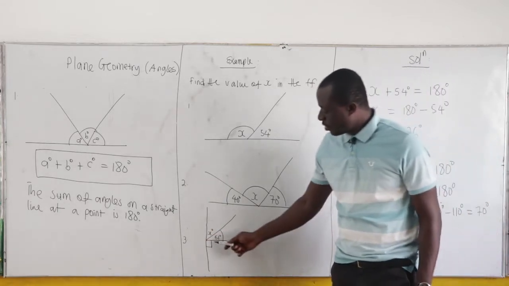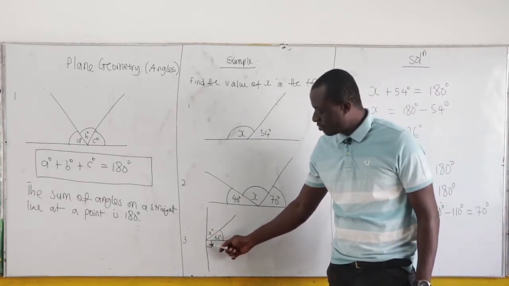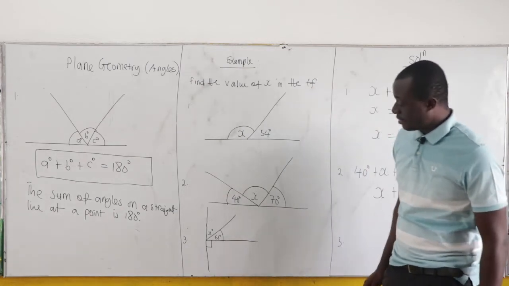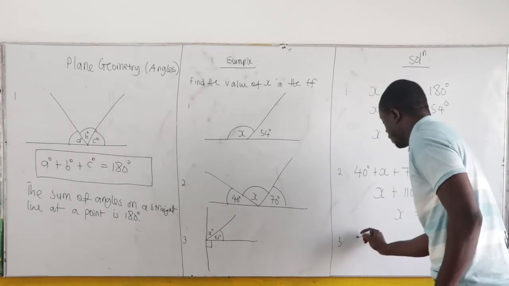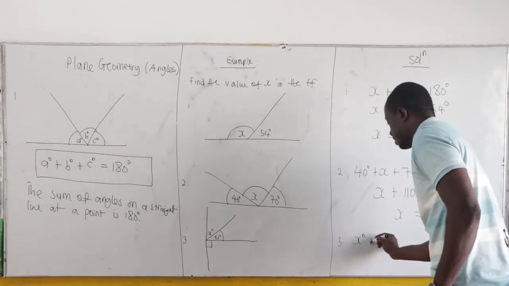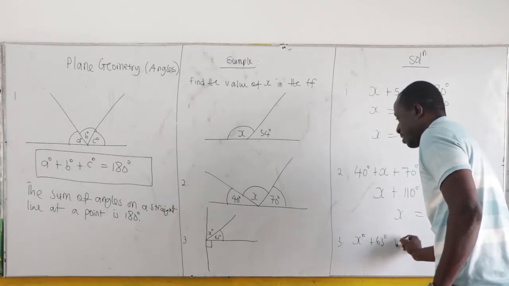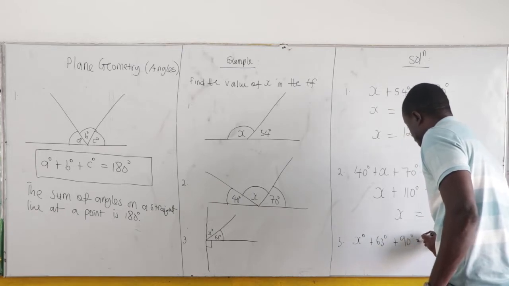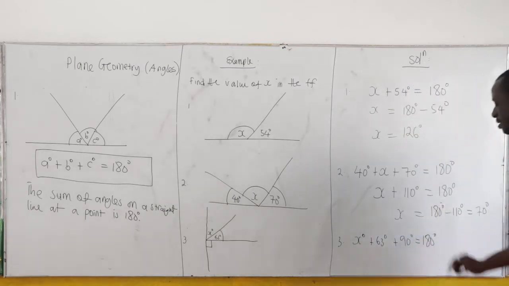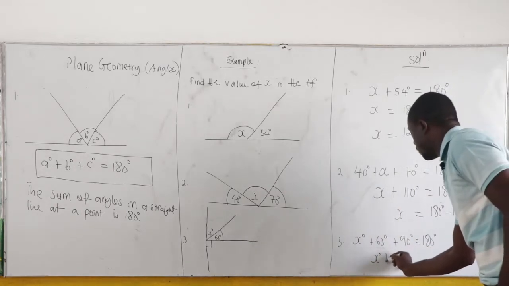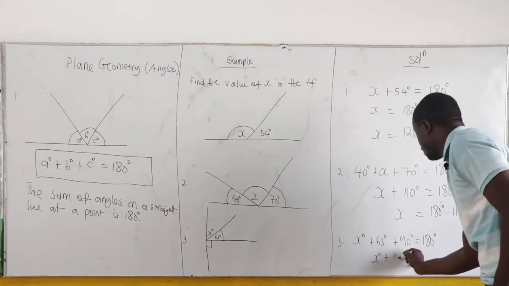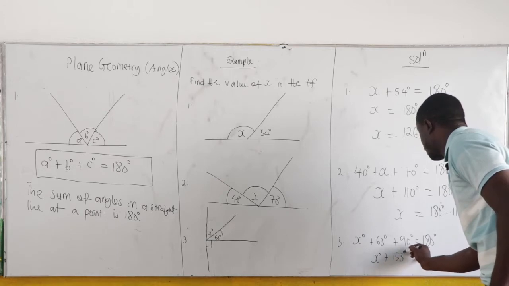Now the third one, we know that this is a right angle. This right angle, the angle over here is 90 degrees. Now we have 63 and then x. So that is x degrees plus 63 degrees plus 90 equal to 180 degrees. Now what is 63 plus 90? 63 plus 90 is 153 degrees.